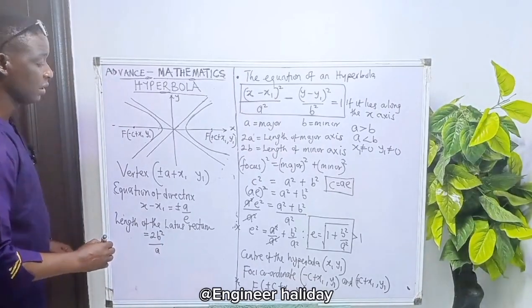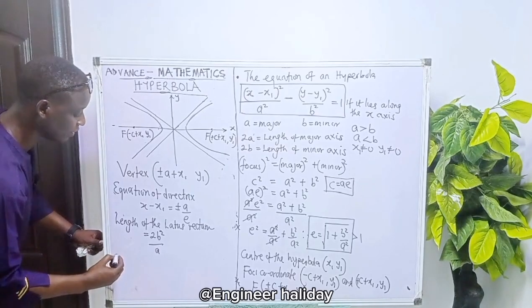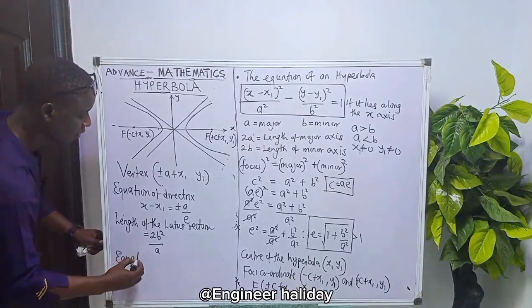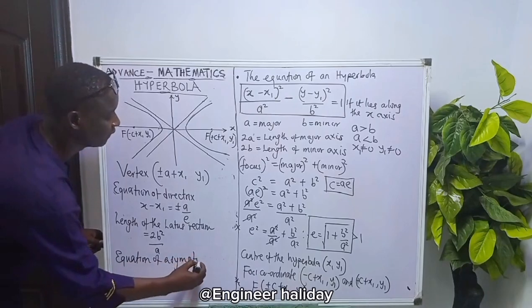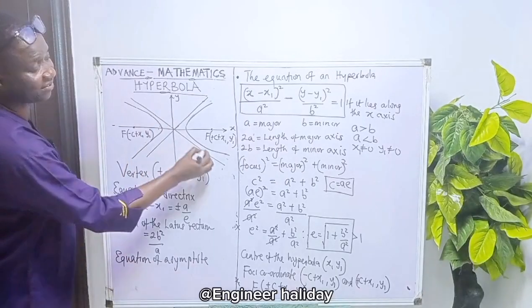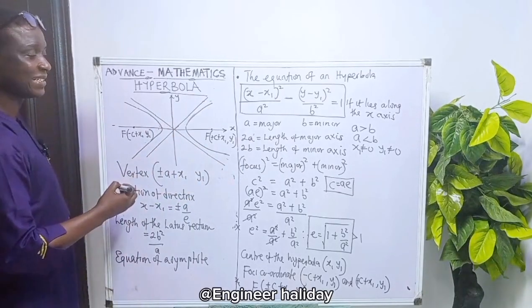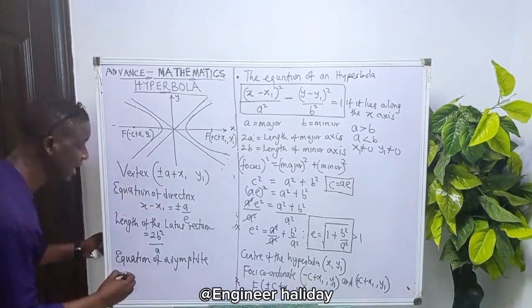Do not forget that. Also, we want to talk about the equation of the asymptote. I did not give you this one. These are lines, so since they are lines, they will have the equation of a line. So how do we write the equation?